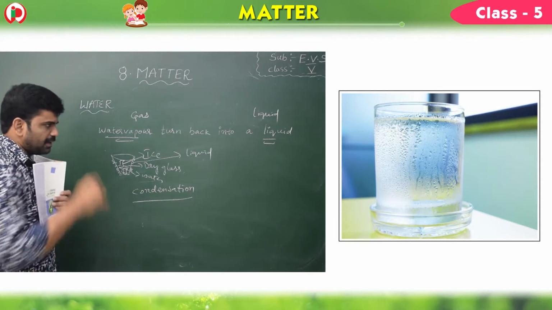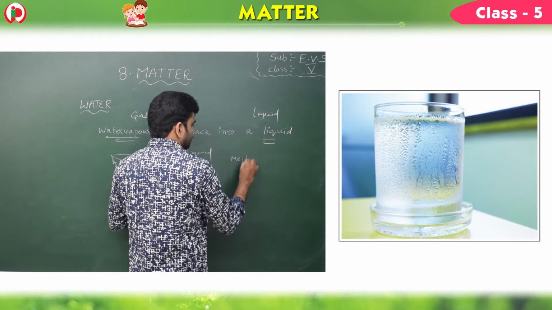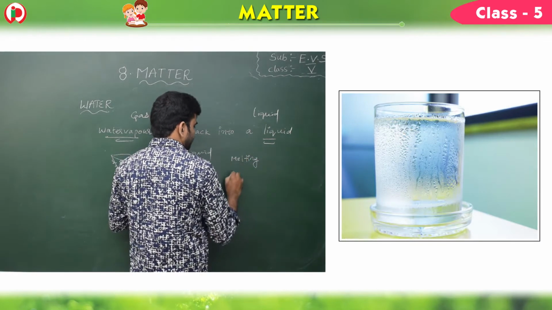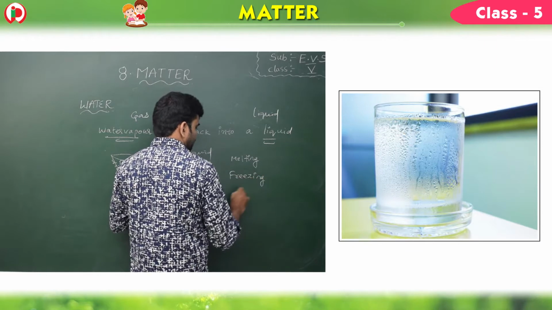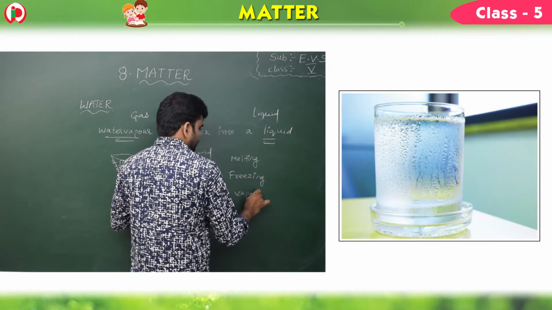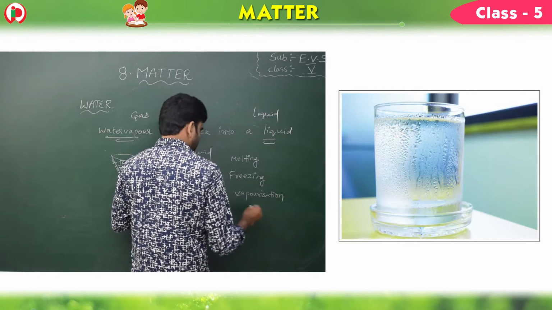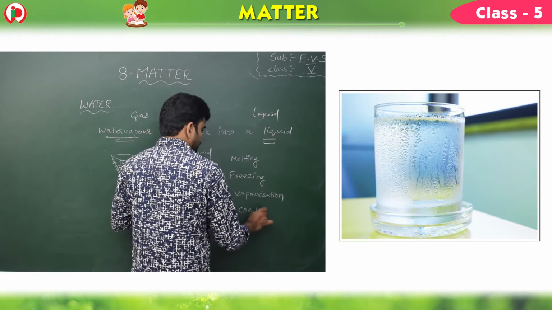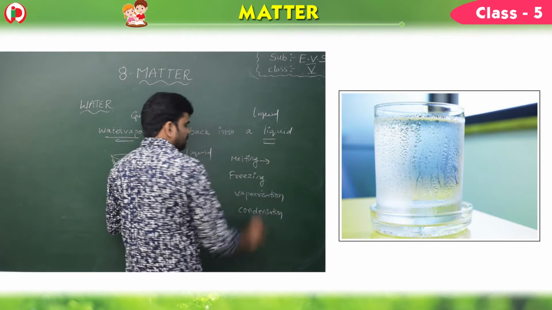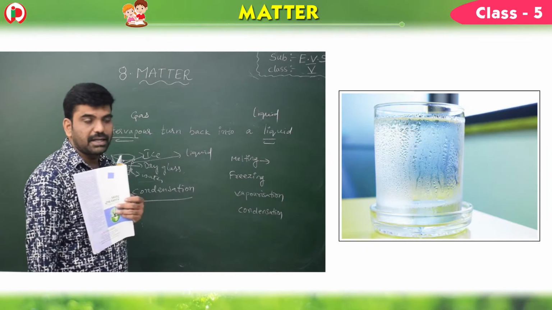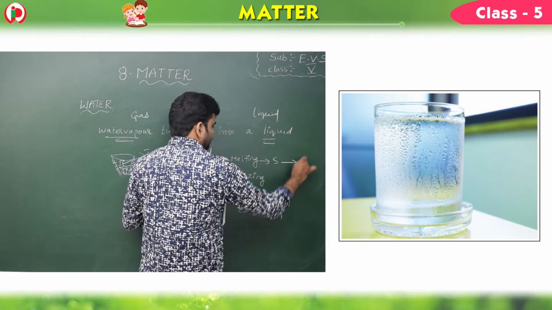So far we have learned four things. One is melting, second is freezing, third is vaporization, fourth is condensation. Melting is the conversion of solid to liquid.